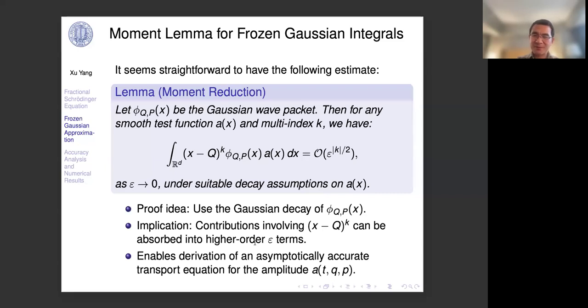Okay, and then if you do this for the frozen Gaussian approximation, actually it does not work, in the sense that you have more equations than variables. If you know the Gaussian beam method, it's easier to understand.